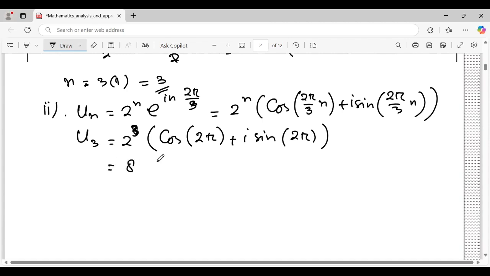It's going to be 8 times cosine 2 pi, which is 1, plus i times 0, since sine 2 pi is 0. So it is 8 times 1, 8. So u cubed is 8.